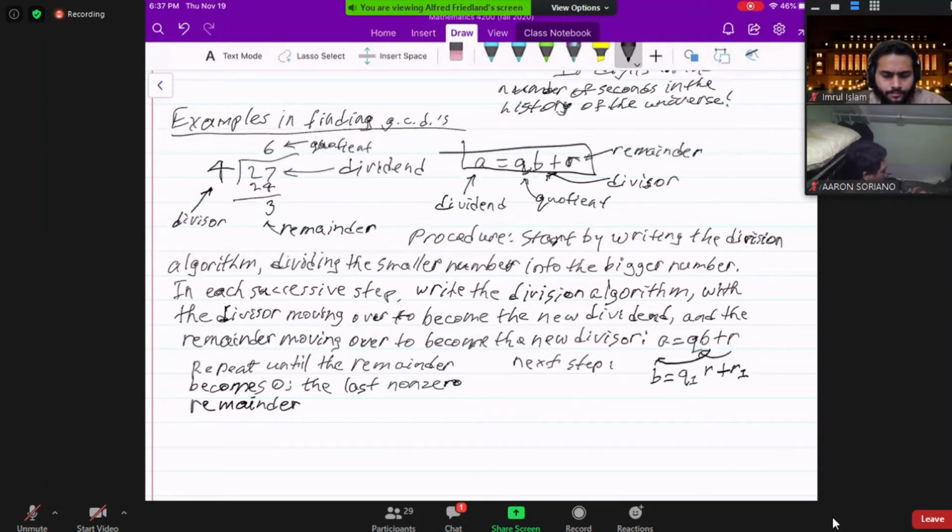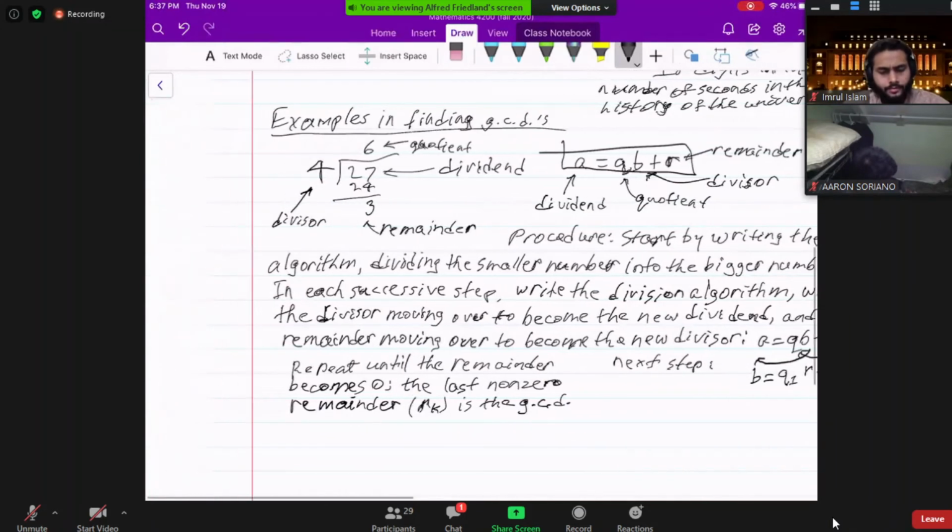And the last non-zero remainder, what I called in the proof on Tuesday, R sub K, is the greatest common divisor.